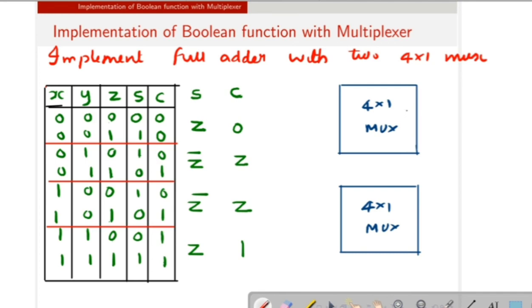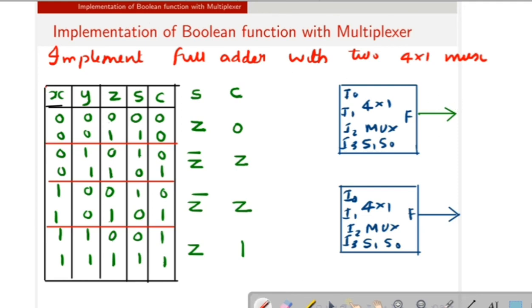Okay, so this has the output F and here output F. Selection lines S1, S0, here selection lines S1, S0. Inputs are I0, I1, I2, I3, and here it is I0, I1, I2 and I3. Right? From the first mux we get the output as sum, and from the second mux we get the output as carry. Right?